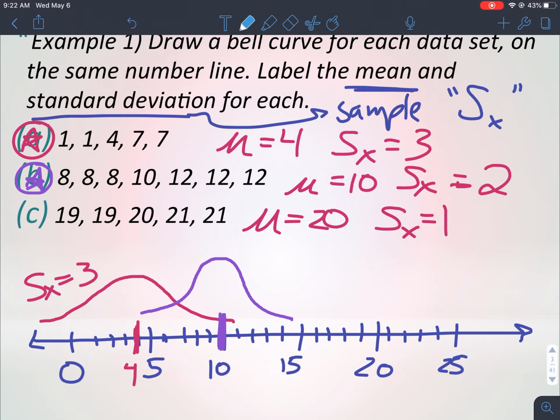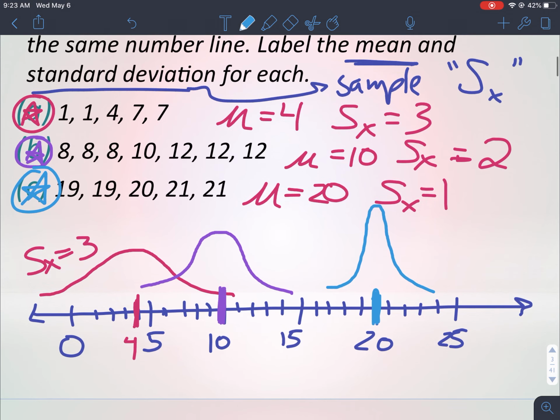Finally, the third data set has a center at 20, but the standard deviation is 1. So this makes the data set even more compressed together. Let's make this a really skinny bell curve. It's going to go pretty high, apex at 20, and come back down.